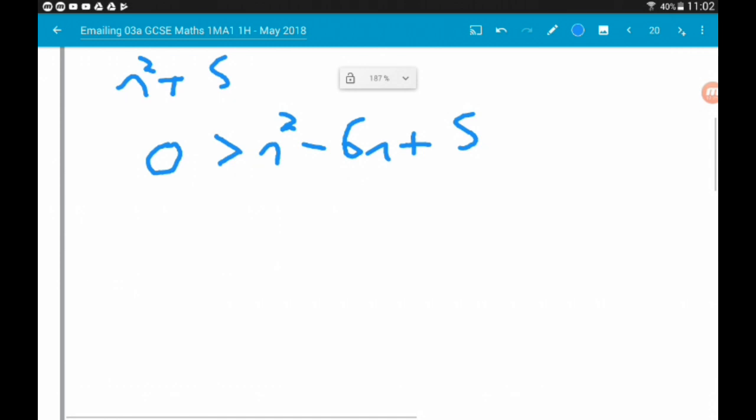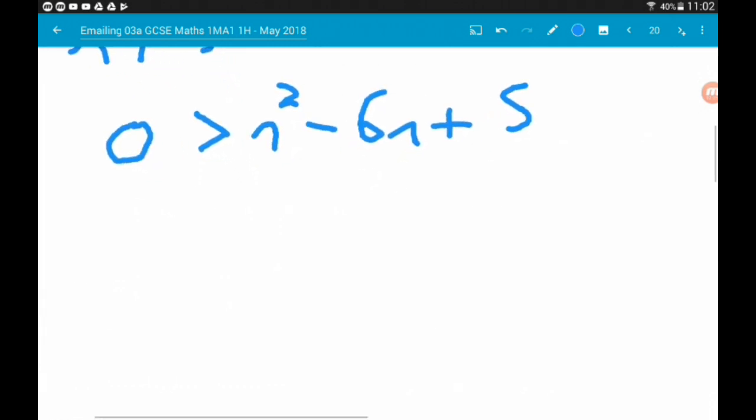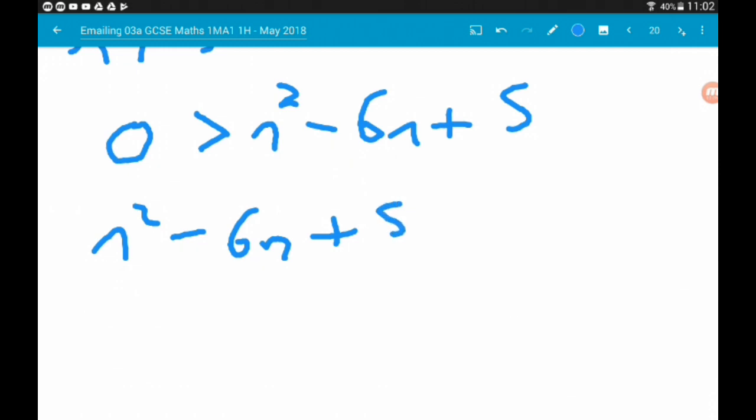So I don't like it written that way around, so I'm going to rewrite that as n squared minus 6n plus 5 is less than 0. So now we have a quadratic inequality that we need to solve.